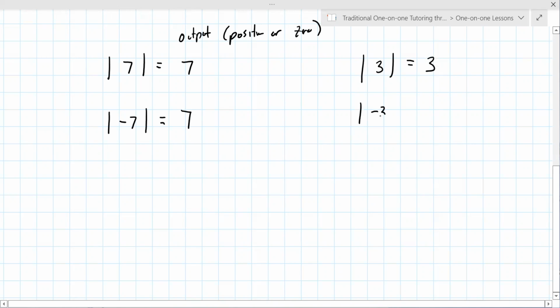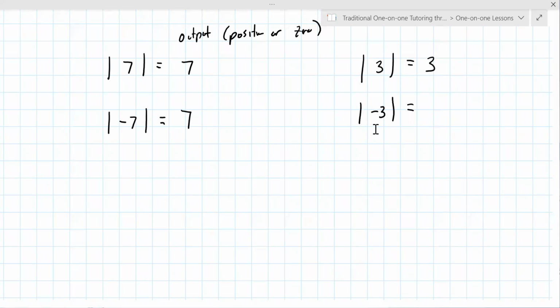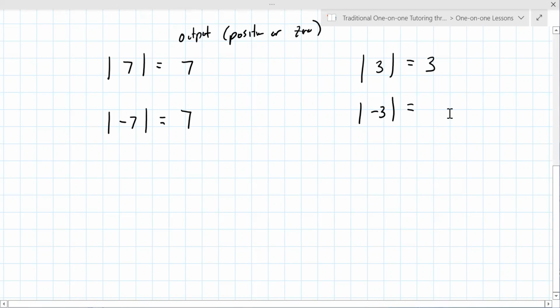The absolute value of -3 is also 3. The output is always positive or 0. These vertical bars mean you have to give me a positive number. Okay, let me write that down. The output is always positive or 0. It's never negative.